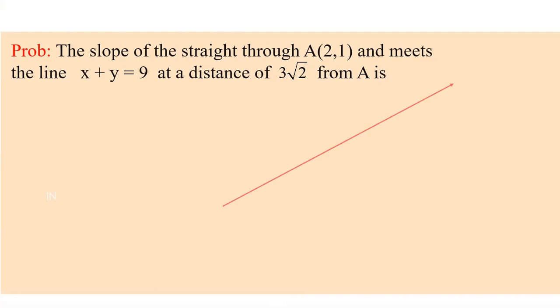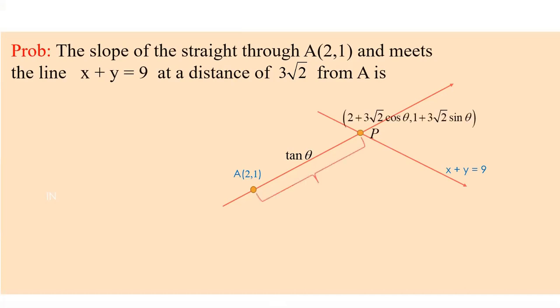Then what will be the slope of that line? The diagram is like this. This is the straight line for which we are supposed to calculate the slope. It is passing through the point A(2, 1), and you assume its slope is tan theta. Now this line meets the line x plus y is equal to 9 at some point. That point is P, and the distance from A to P is 3 root 2, which is given.